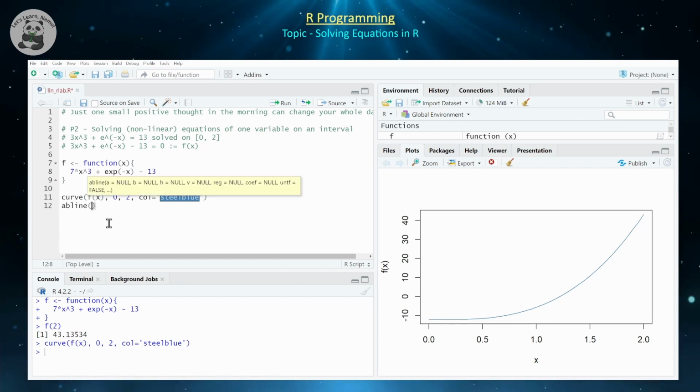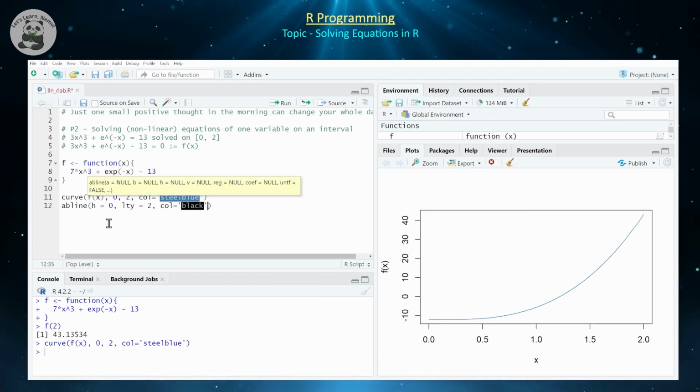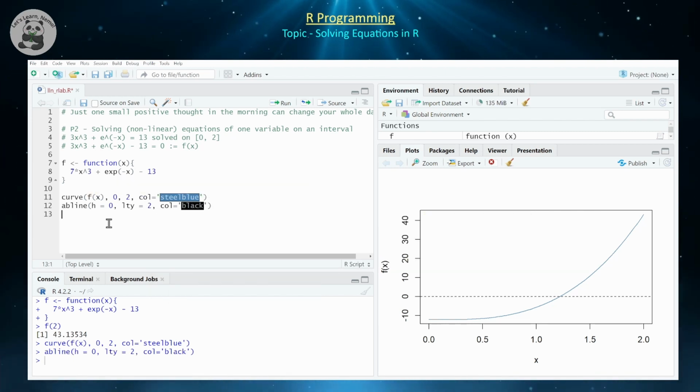So let's do abline, a horizontal line with a y value of 0. Line thickness, let's do 2, and line type is 2, and let's color this black. lty equals 2 is going to be a dotted line. You can play around with lty to get other line types. So we see that the solution appears somewhere between 1 and 1.5.